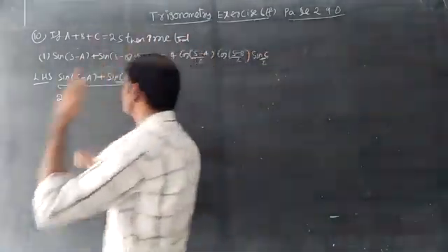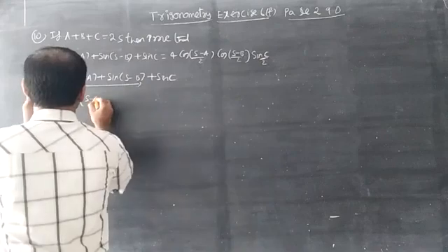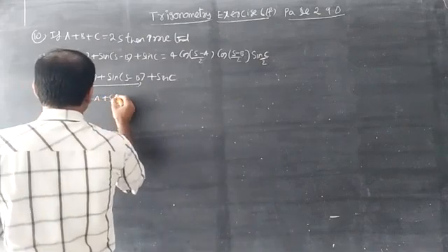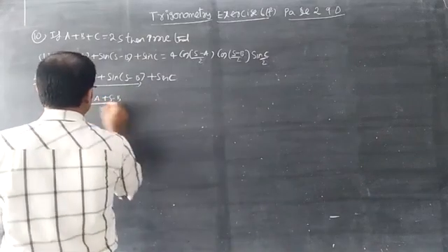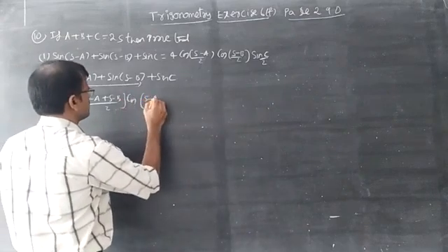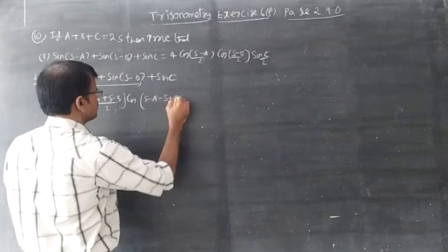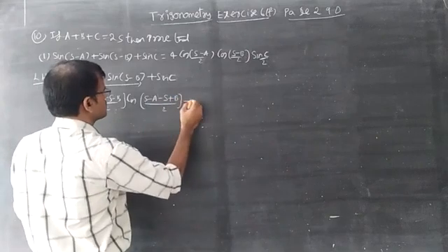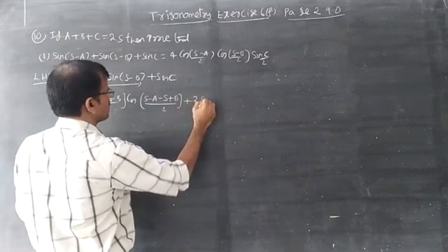Apply here 2 sin of s minus a plus s minus b by 2 into cos of s minus a minus s plus b by 2, plus this is the submultiple angle concept.